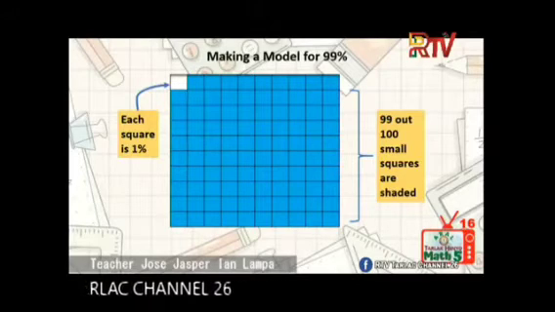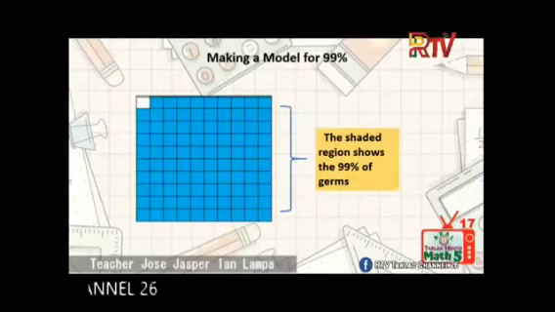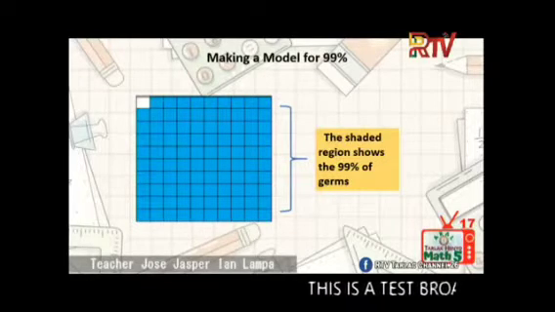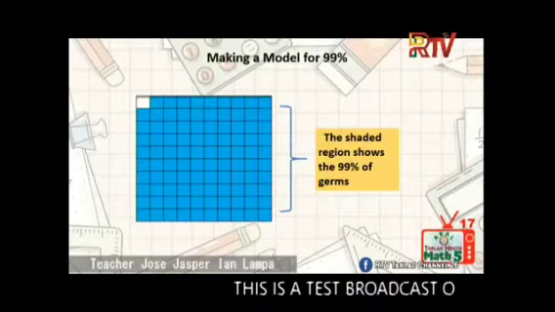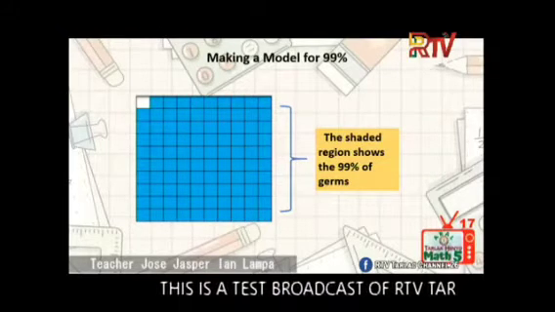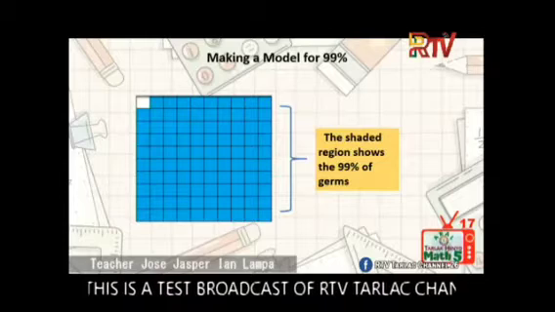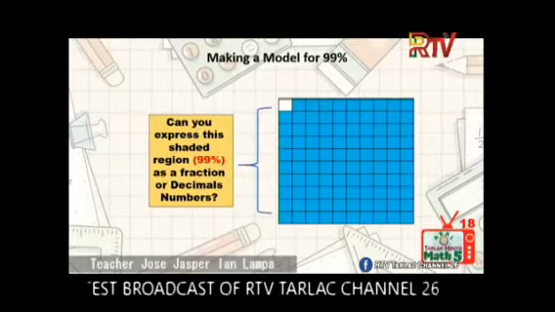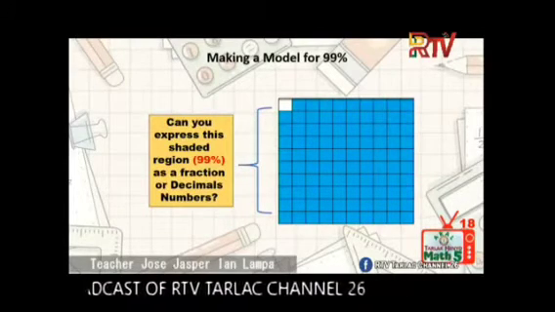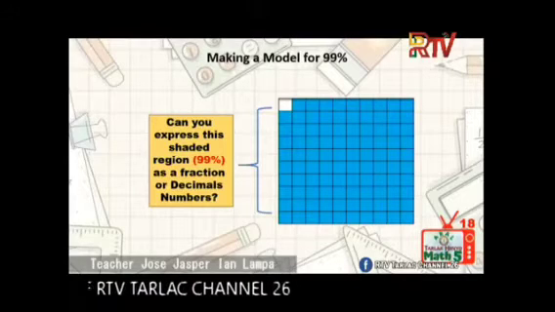This means that 99 out of 100 germs are killed every time you use their product. Can you now express the shaded region, or 99%, as a fraction or a decimal number? We will find out later.